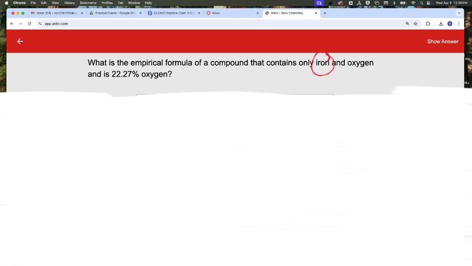What phase is iron? A solid. How do we measure solids? By mass. So what's our unit going to be? Grams. So if it goes through and says that we have 22.27% oxygen, right, what does that mean?